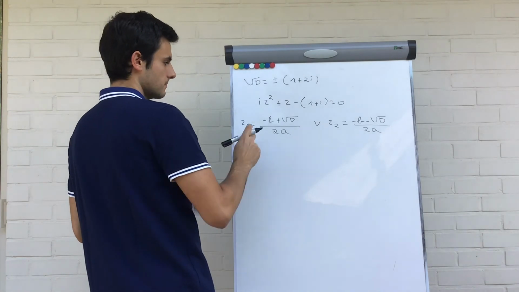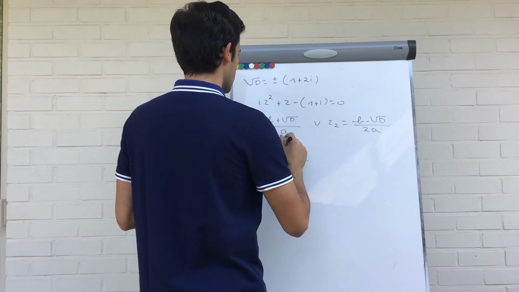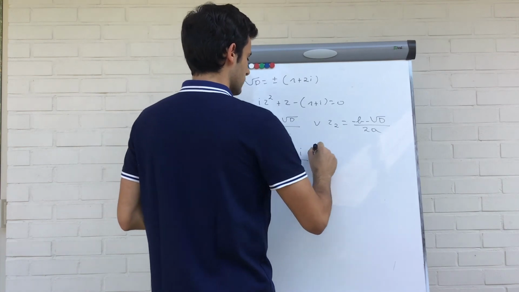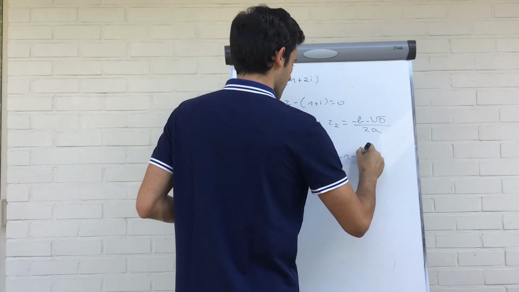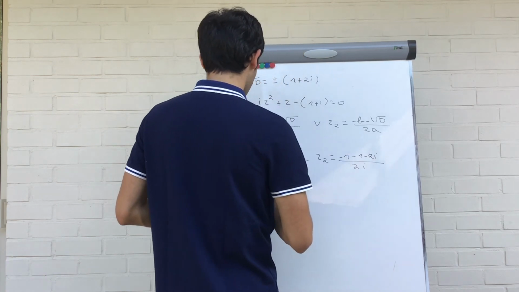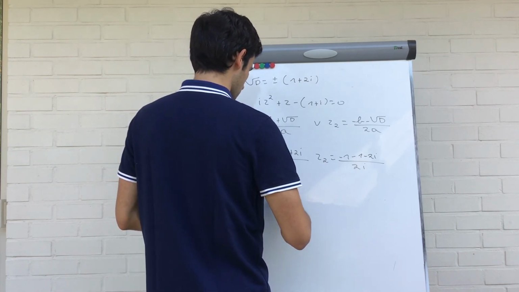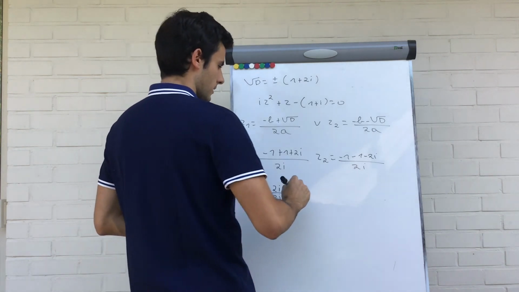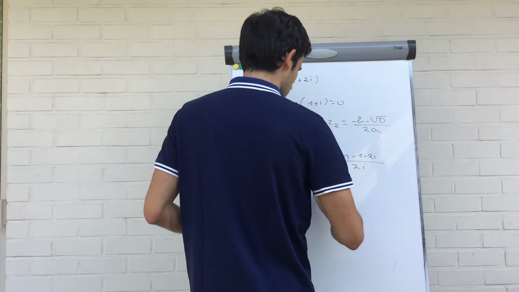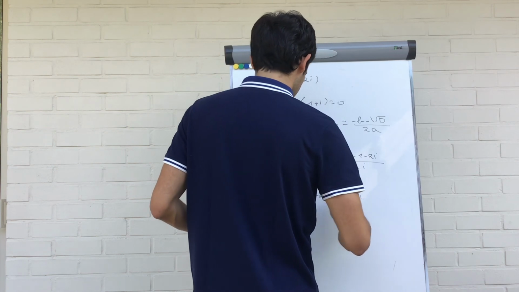So we get minus 1 plus 2i divided by 2i is equal to z1, and z2 is equal to minus 1 minus 2i divided by 2i. So we get 2i divided by 2i, and here z2 is equal to minus 2i divided by 2i.